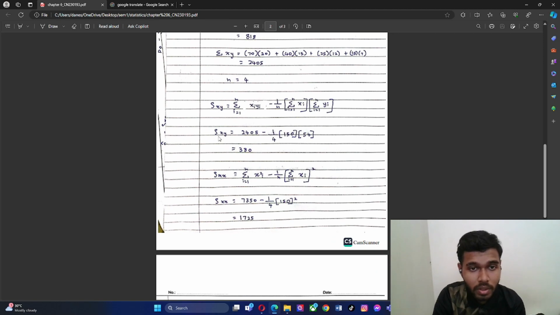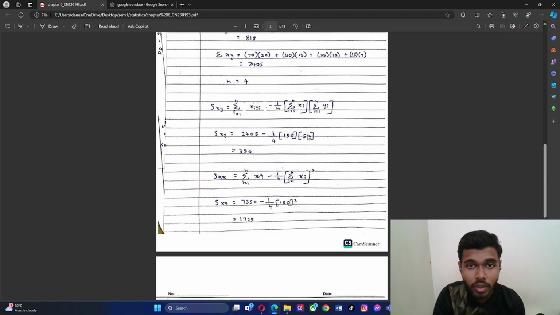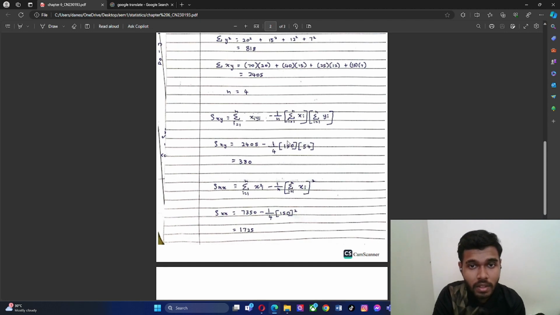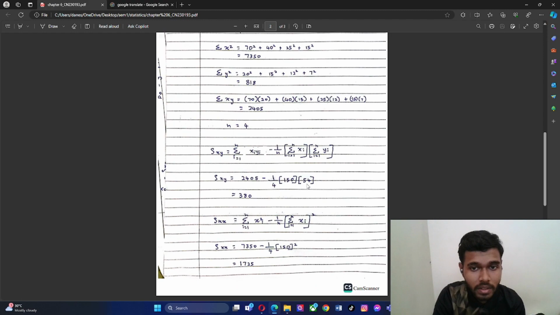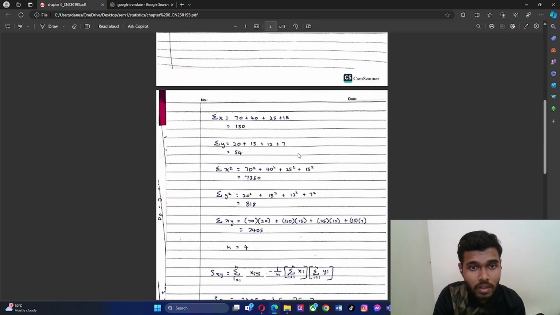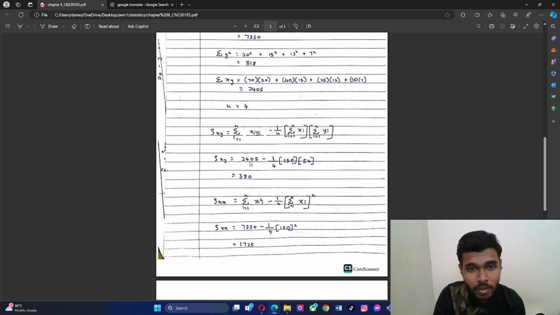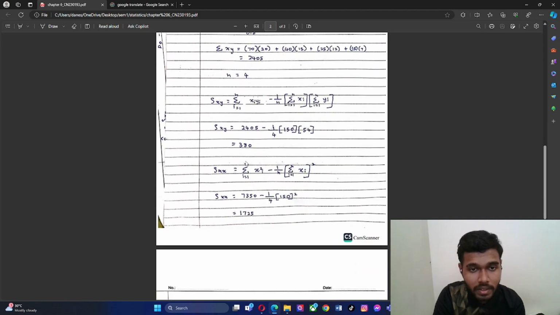The calculation is 2405 minus 1 over 4, where 4 is n, times 150 times 54. The 150 is the total of the xi values and the 54 is the total of the yi values, and the answer is 380.